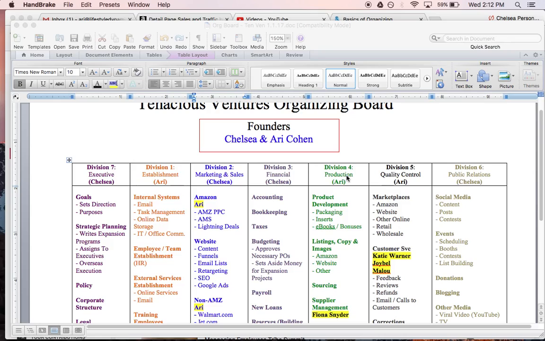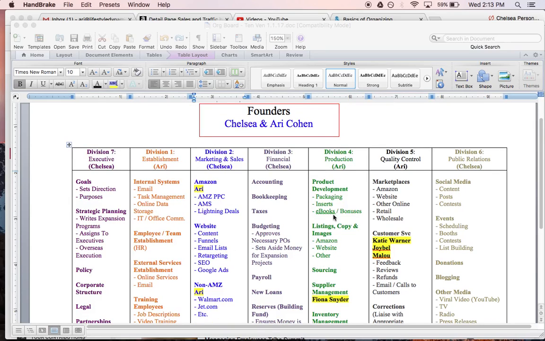So yeah, fine, we're going to call it production. But you can call it whatever it is. Like if you're a chimney company, this might be the repairs division, right? But in our case, we'll call it production. We're producing the thing that's actually going to be exchanged with the public that we get paid for. And I'll go over all the names and stuff later, but just so you understand the flow of the org board.